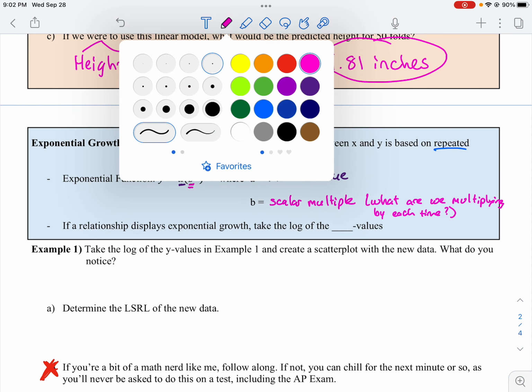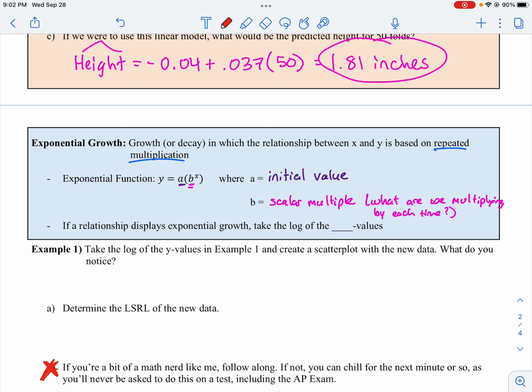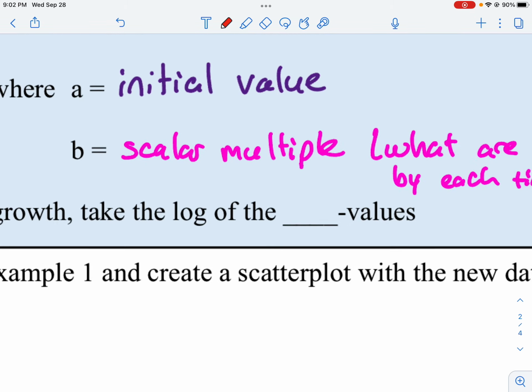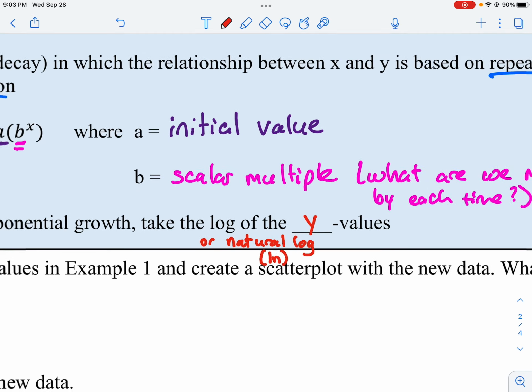Now, something that AP readers, or AP, College Board, whatever you want to call them, love to ask about is this next concept here. If a relationship displays exponential growth, what we can do is take the log, or the natural log, which remember is ln, of the y values.